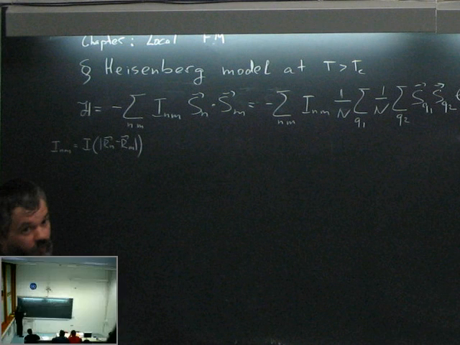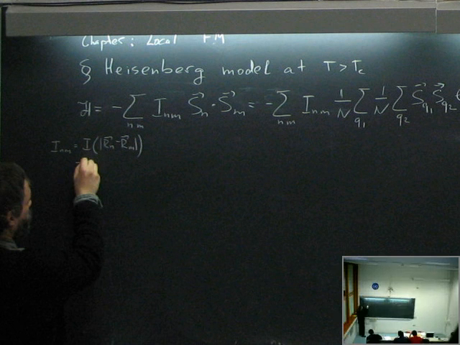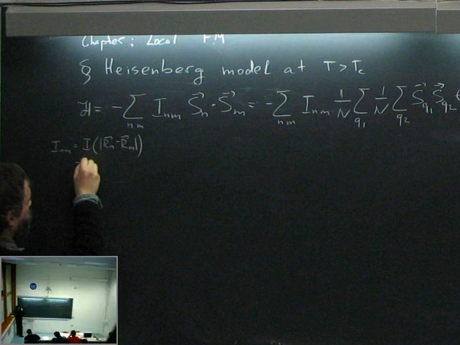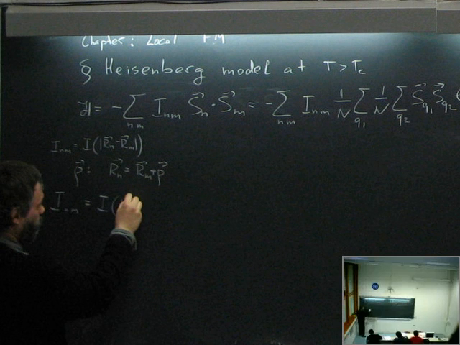Namely, introduce a new variable rho in such a way that R_n is equal to R_m plus rho. Then I_nm depends just on the modulus of rho, so I will denote it as I(rho).